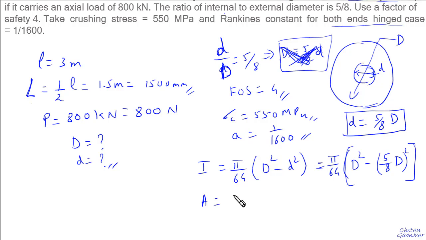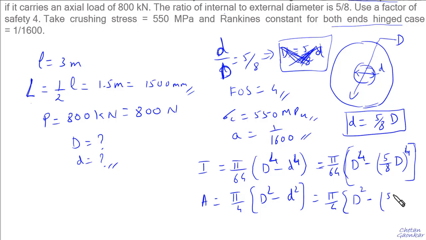The area of the circle is given as pi by 4, outer d square minus inner d square. So this will become pi by 4. This should be 4, right? Yes, this should be 4. So this will be capital D square minus small d square, with small d being 5 by 8 times capital D.